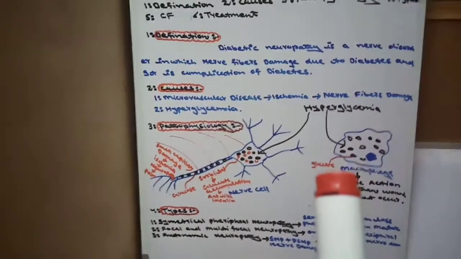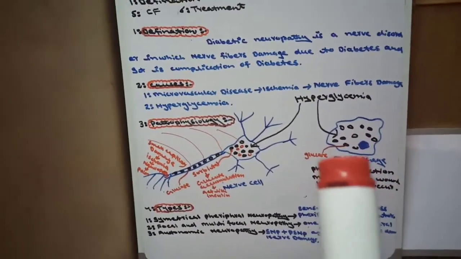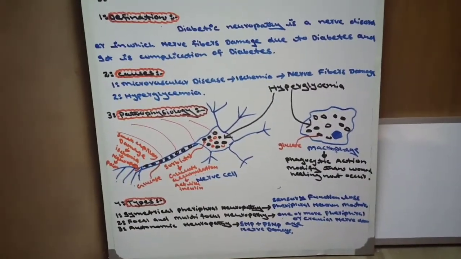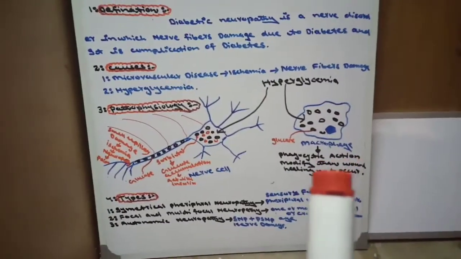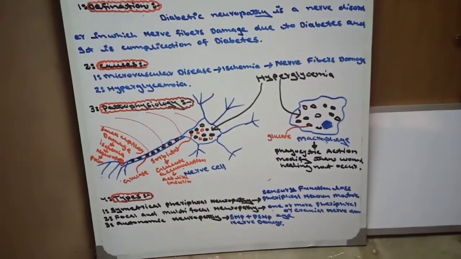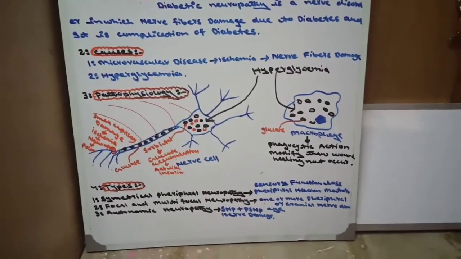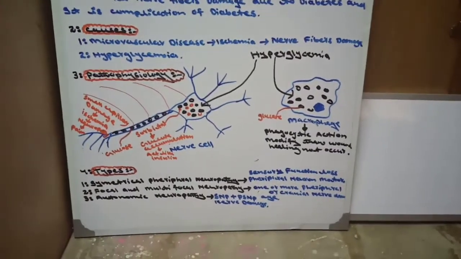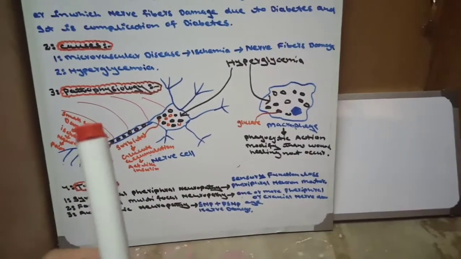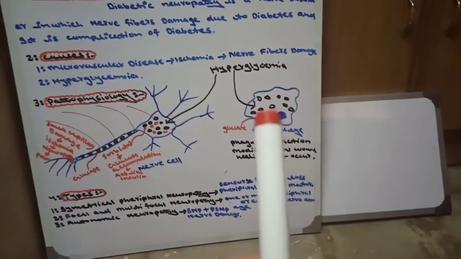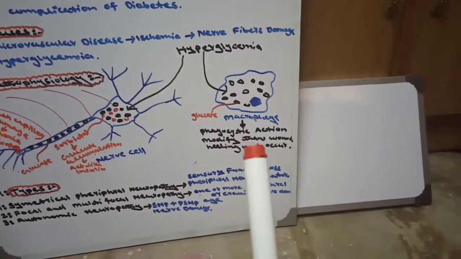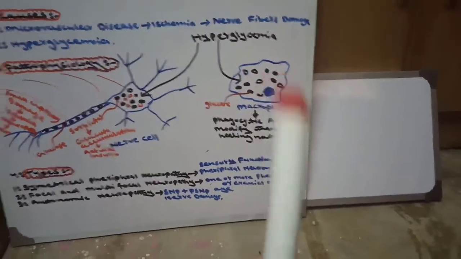Due to this accumulation, the phagocytic activity changes; its normal function, phagocytosis, is altered. Due to this, wound healing will not occur. Therefore, in the diabetes topic, professors mainly ask why wound healing does not occur in diabetes: due to hyperglycemia, which changes the phagocytic activity of the macrophage.